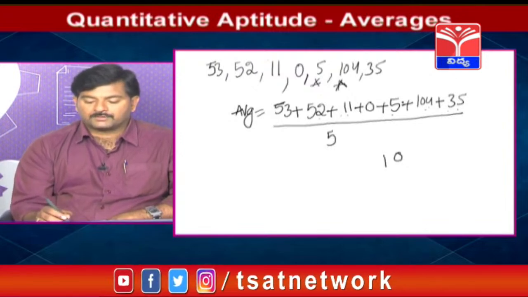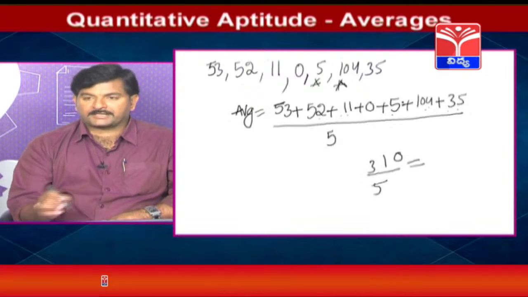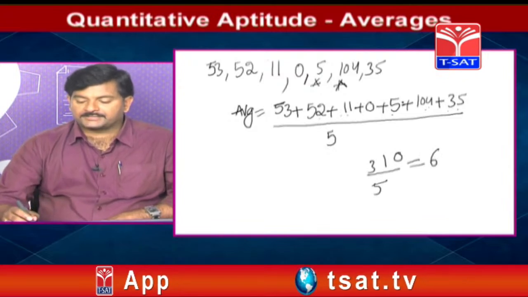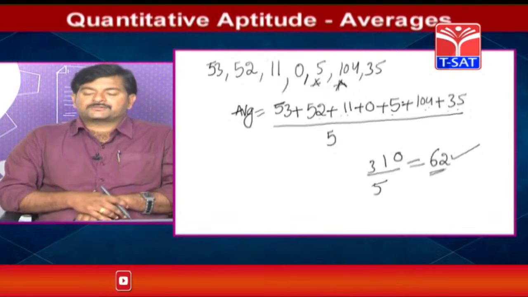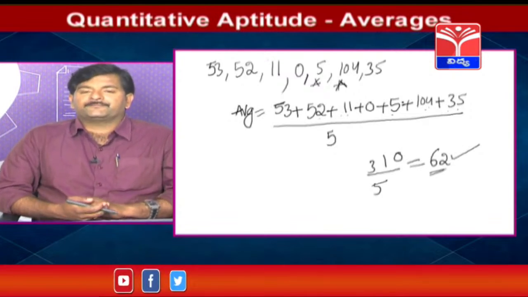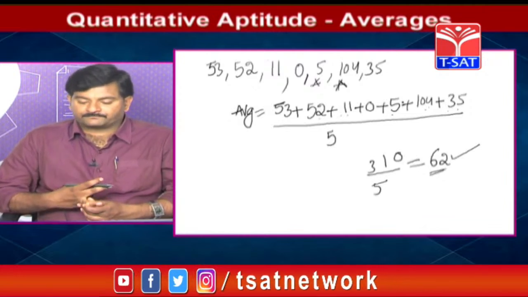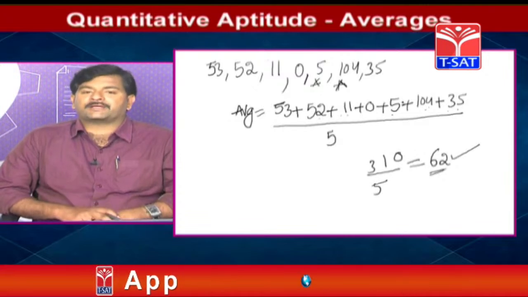So 310 by 5. 310 by 5 means 5 6s are 30, 5 2s are 10. Hence the average runs made by the cricketer in that cricket match is, how many runs can we say? 62 runs we can say.